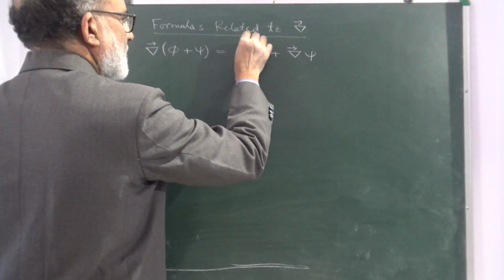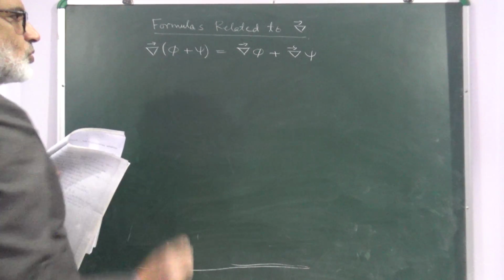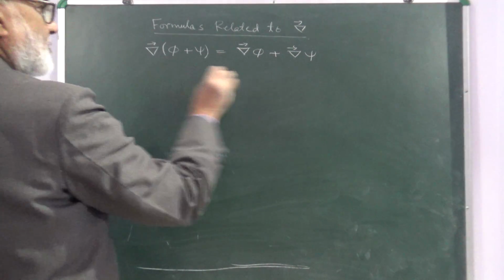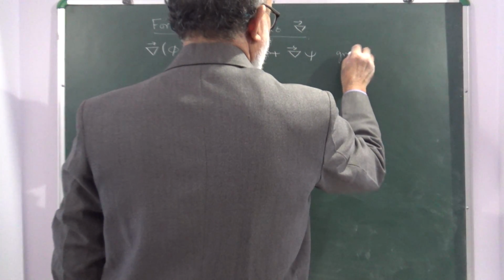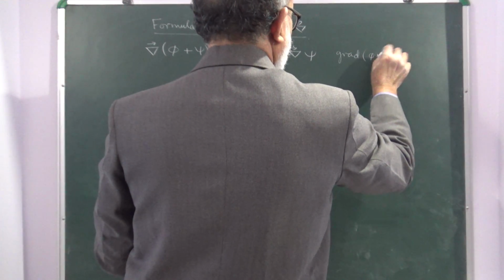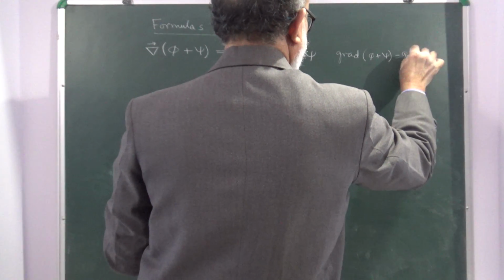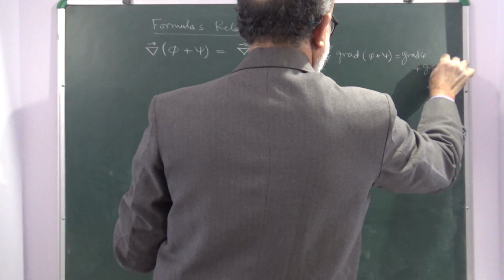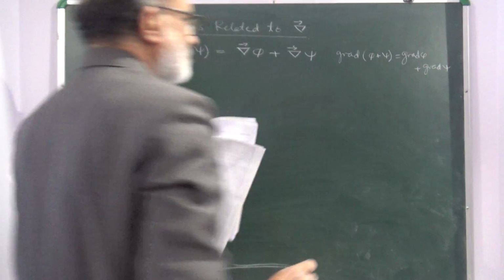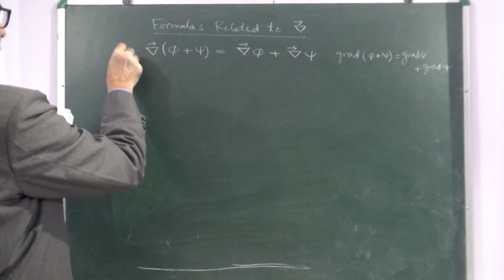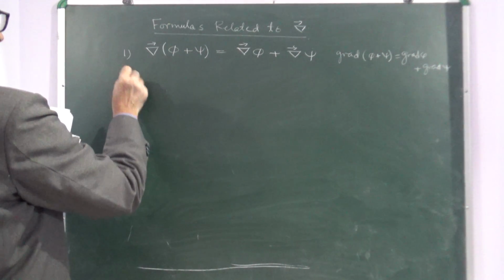This is the gradient of the sum of the two, or grad of phi plus psi is equal to grad phi plus grad psi.